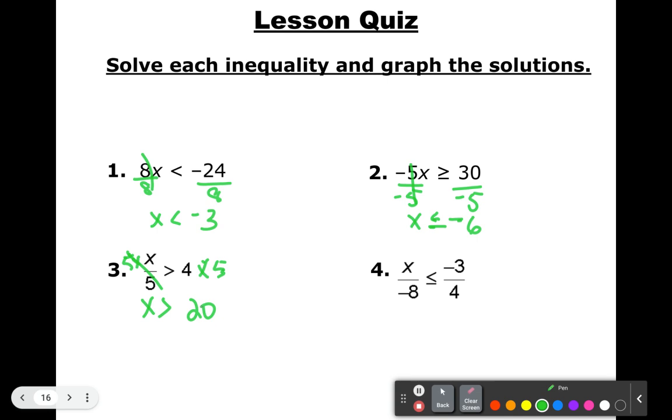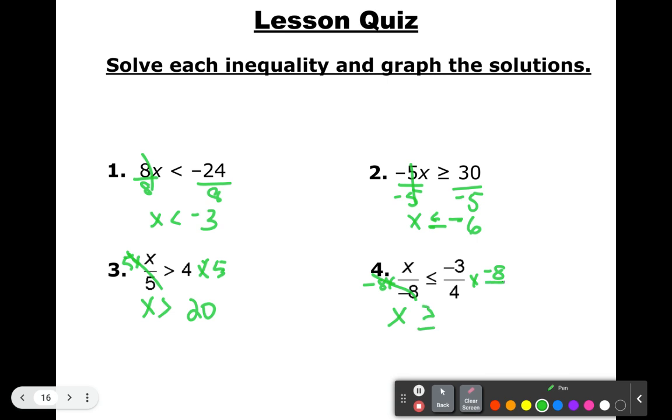Then from here we have x divided by -8 is less than or equal to -3/4. Multiply by -8 on both sides. These two cancel. We have to flip our sign because we multiplied by a negative. x is now greater than or equal to -3 times -8.